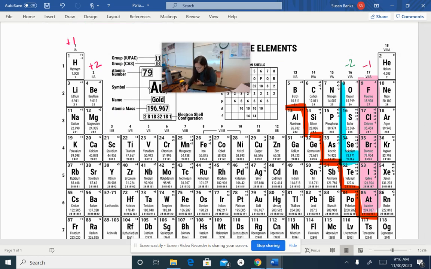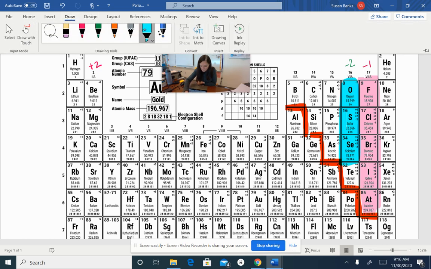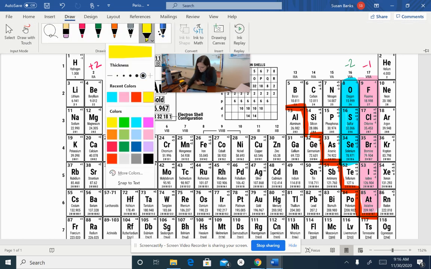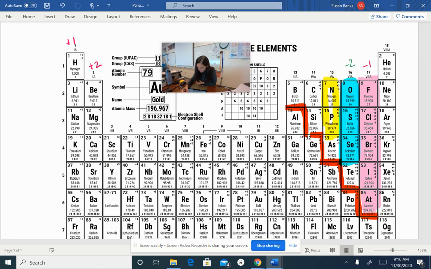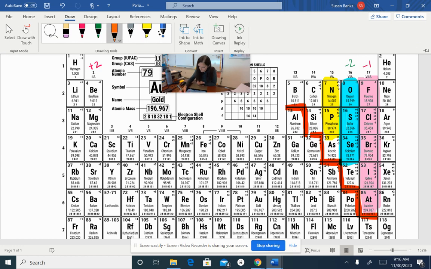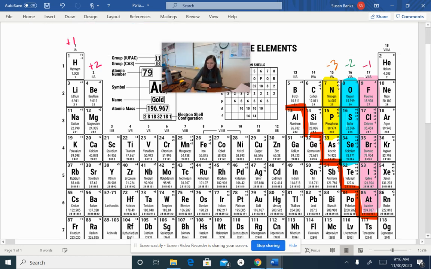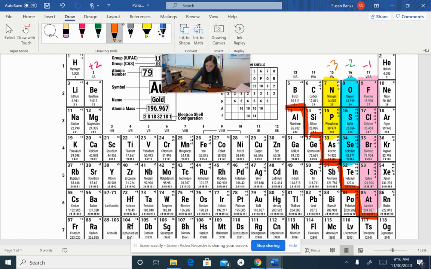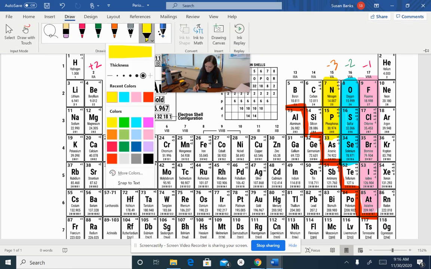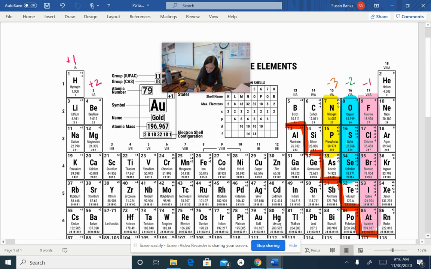So we only really go to selenium here. So you're going to be -2. And then this next column is going to be -3. Let's get some colors on this other side. So these guys are going to be +1. Color these in.